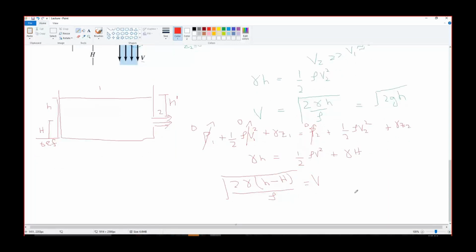Further simplification, we can write the velocity equal to under root 2g (h minus H). So there is no difference in the two equations. They remain the same whether it is vertical flow or horizontal flow. So in case of free jets, the velocity is given by the free fall velocity, that is under root 2gh. Clear? Any question in that?